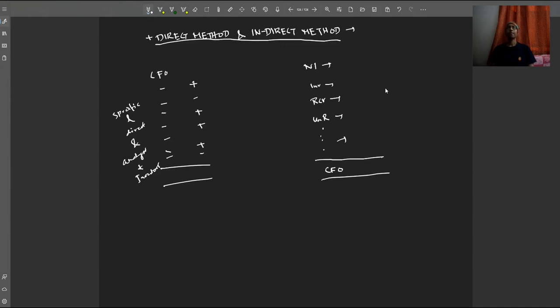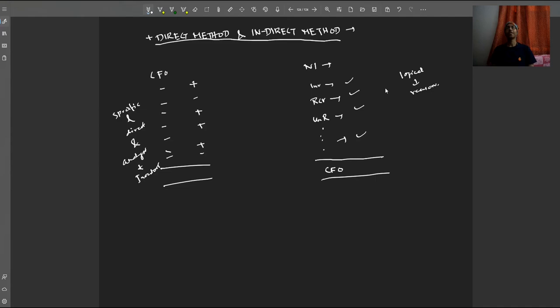Here, the argument is it is more logical. It explains all the reasons why the net income has changed with respect to cash flow from operations, why there has been a difference between CFO and net income, and what the adjustments are that have been made to arrive at that.